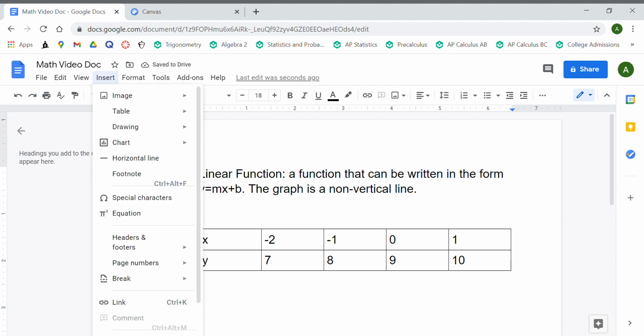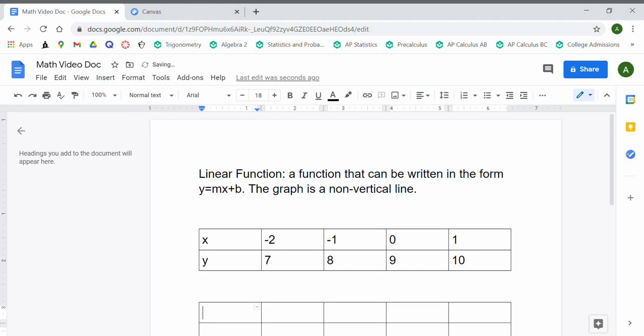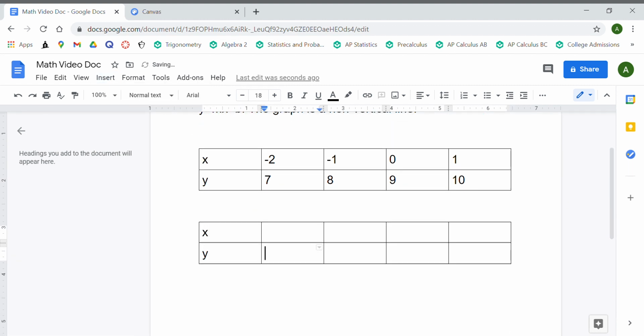Now, how about something like this? What is this?